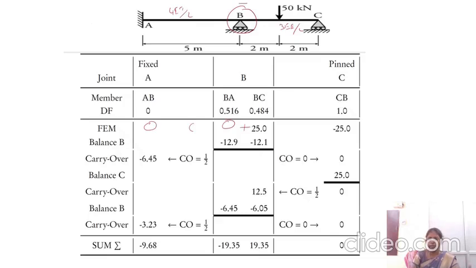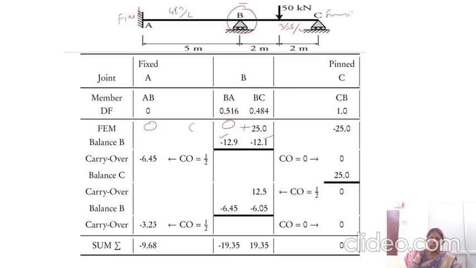Next, the carryover should be done. Here B to A moment is here and B to C moment is here, and B to A it is a fixed support and B to C it is a simply support. So the carryover should be done from B to A and it should not be done from B to C because of the simply support.